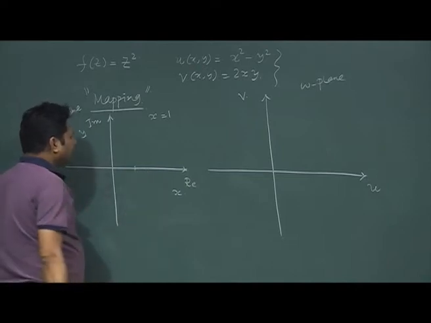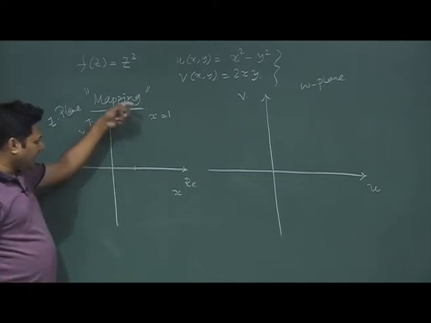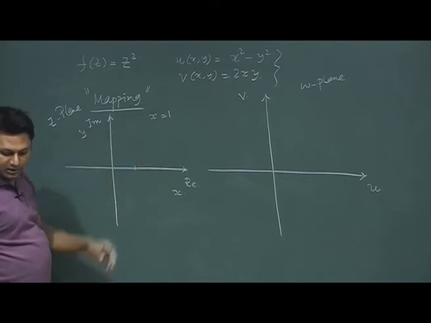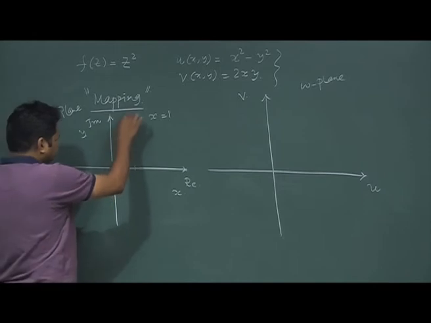That means in the z plane the variation of z with the restriction x equal to 1 should be this line.